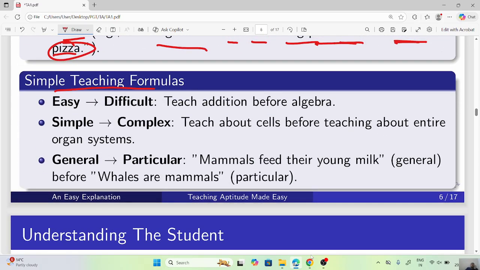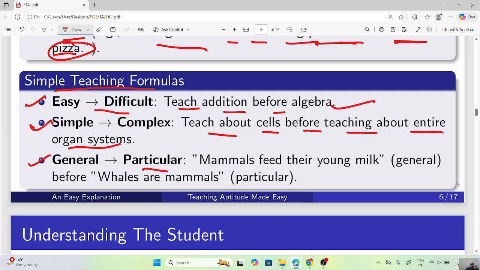Simple teaching formulas, like easy to difficult: you move from easy to difficult. Teach addition before algebra, not algebra first. And after that, simple to complex: teach about the cell before teaching about the entire organ system.